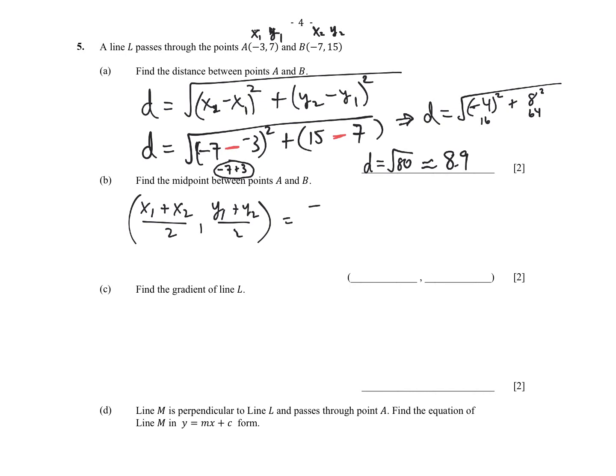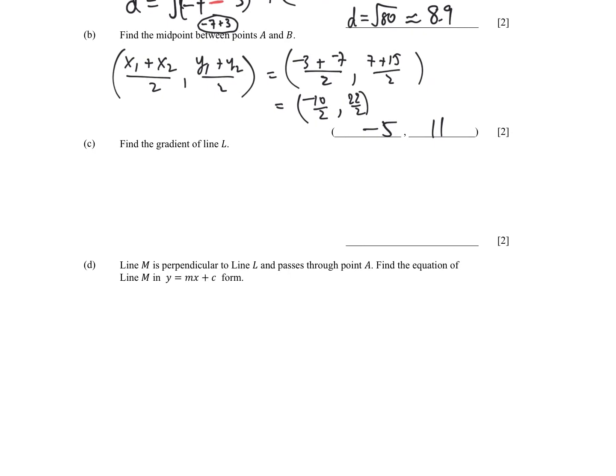So this is negative 3 plus negative 7 over 2. And separately, 7 plus 15 over 2. Negative 10 over 2. 7 plus 15 is 22 over 2. And so when you calculate that, you end up getting negative 5 and 11 as your 2 coordinates.